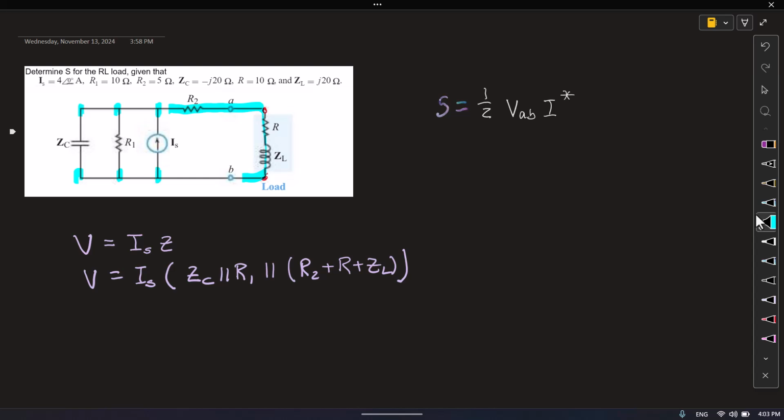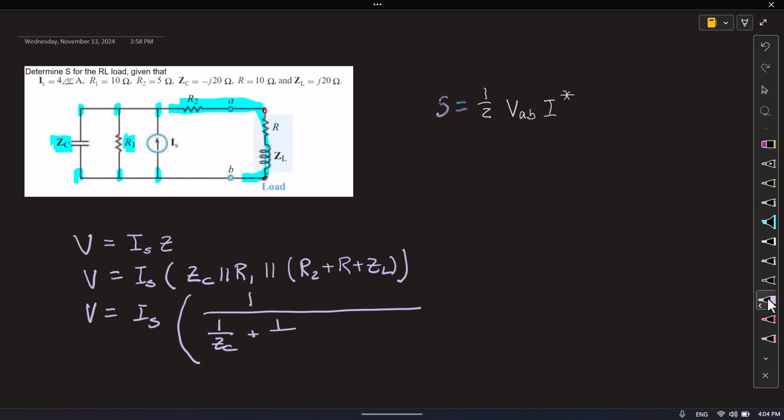So just using V equals IR or V equals IZ, I can say that my voltage equals my current source times all of these things in parallel. So ZC in parallel with R1 in parallel with these things, which are in series. That's the same as saying, when I have more than one thing in parallel, it's 1 over ZC plus 1 over R1 plus 1 over R2 plus R plus ZL. Do you remember that when you have more than two things in parallel?